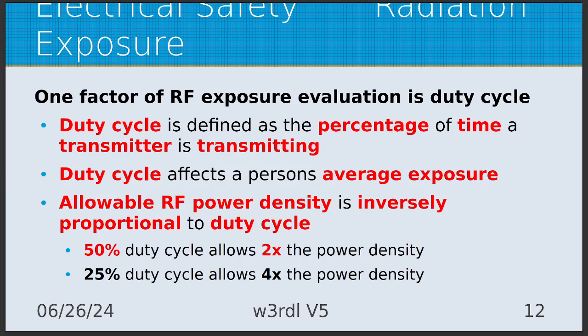But anyway, duty cycle is defined as the percentage of time a transmitter is transmitting. Duty cycle affects a person's average exposure. This is probably the biggest factor of your exposure, how much time you're actually transmitting.